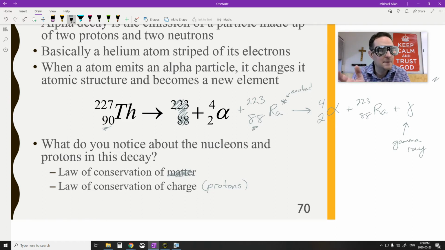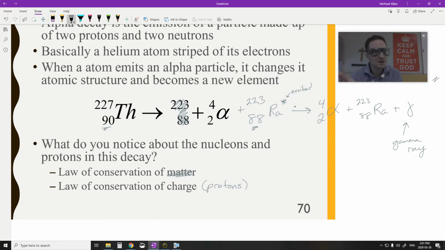They are the same. What do we notice about the nucleons on the top numbers? So I had 227 to start off with. 4 plus 223. Now, a gamma particle is being released here, but a gamma particle is a massless particle. It's a photon. It's EMR. It doesn't have any mass at all. It travels at the speed of light.